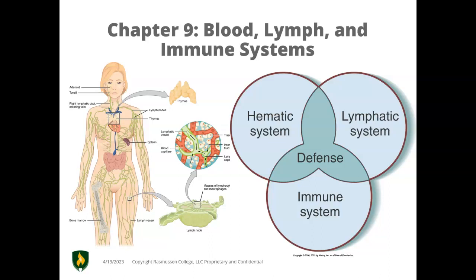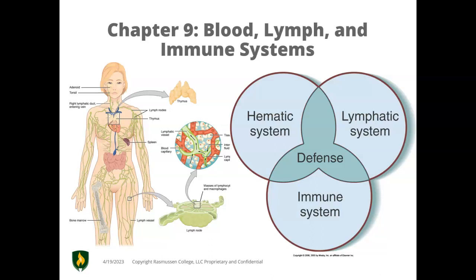The blood, lymph, and immune systems are very common, and they share common cells, structures, functions, and a lot of the same tasks. Although the blood, lymph, and immune systems are discussed separately, their functions and structures overlap.